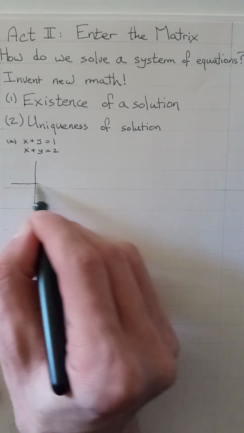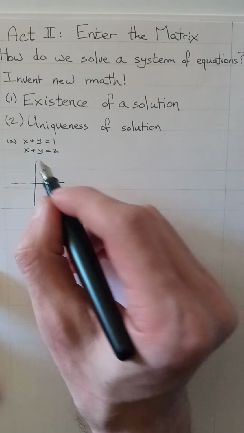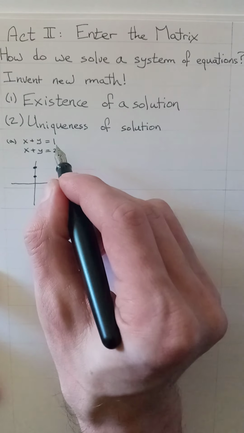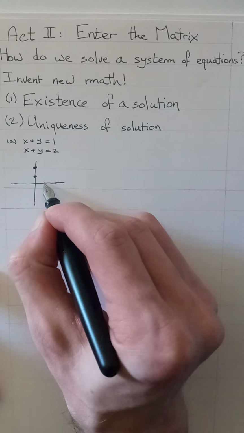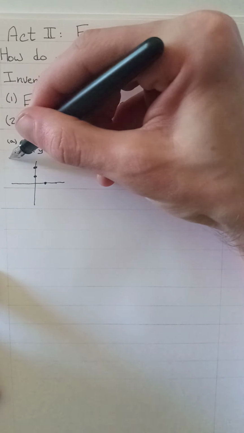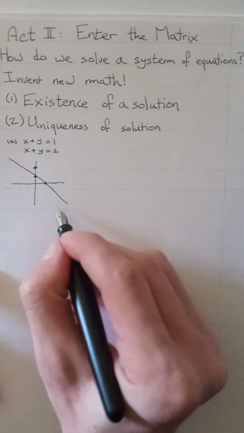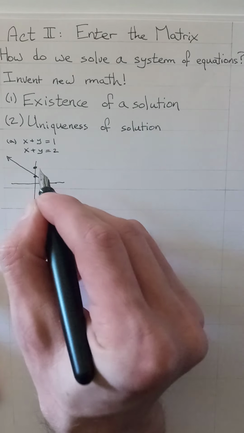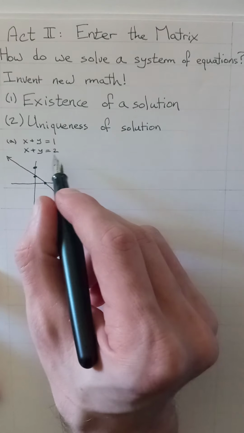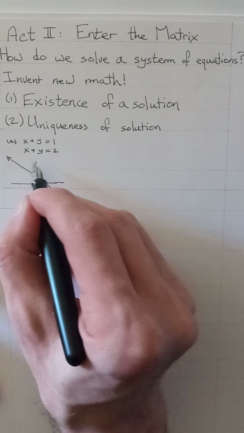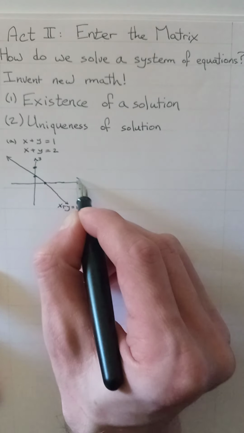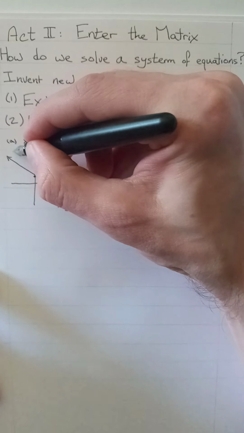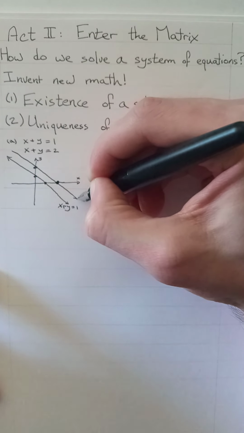You have your y-axis and your x-axis, and when x is 0, y is either 1 or 2, and in the one case, when y is 0, then x is 1, and so we have something like that for x plus y equals 1, and for x plus y equal to 2, if y is 0, then x must be 2, and we have a parallel equation.